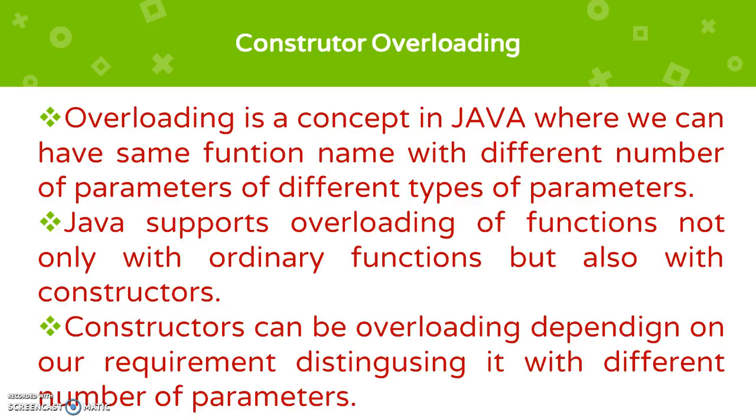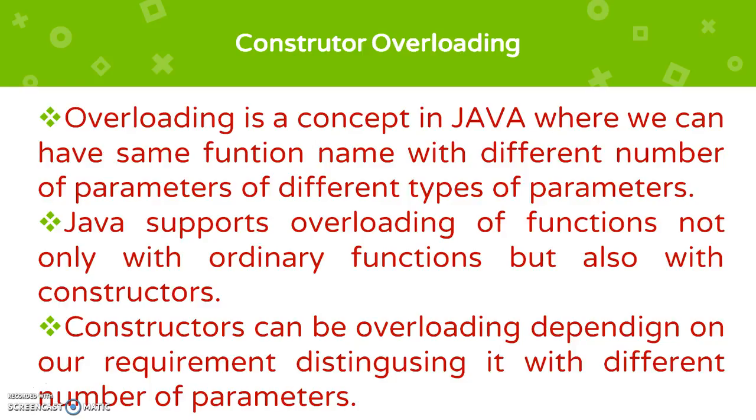Until now, we know that general functions, the methods in the classes, can be overloaded. But now we are learning a new thing, that even constructors can be overloaded. More than one constructor can be used in a program with a different number of parameters, and depending upon the number of parameters, the constructor will initialize the members of the class.